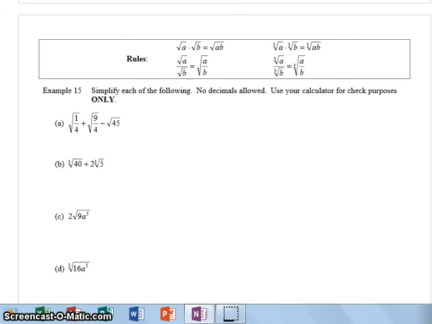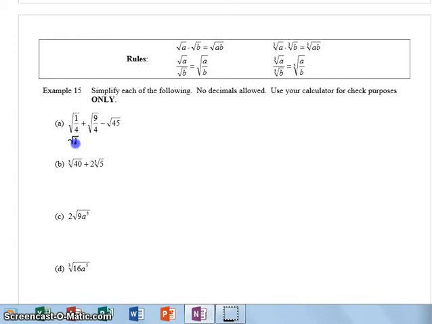Alright, so the little rule box here is basically saying if you have two separate radicals that are being multiplied, you can smush them together underneath 1. Okay, if you have two separate radicals that are being divided, you could put them under one big one. Okay, so for example, if you look at example A here in example 15, you could separate that.